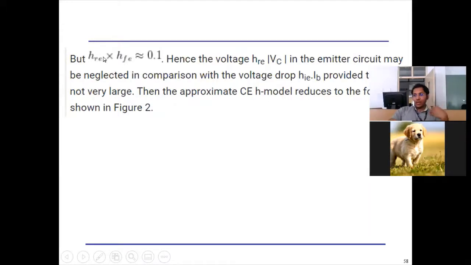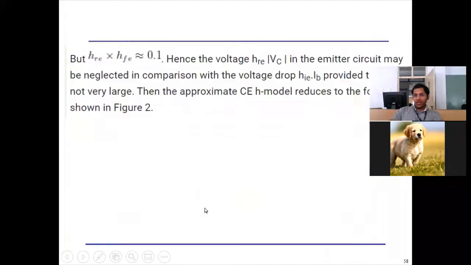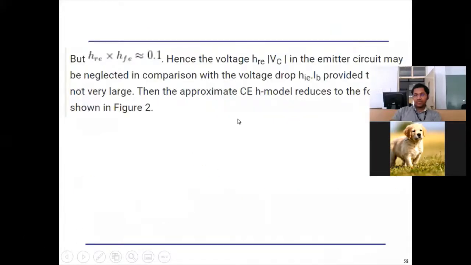Now the reverse gain will be somewhere around 50 by 500. So the product is usually very small. What I am trying to say is, when we consider this approximation, automatically this value is becoming small. So I can also neglect the HRE VC.